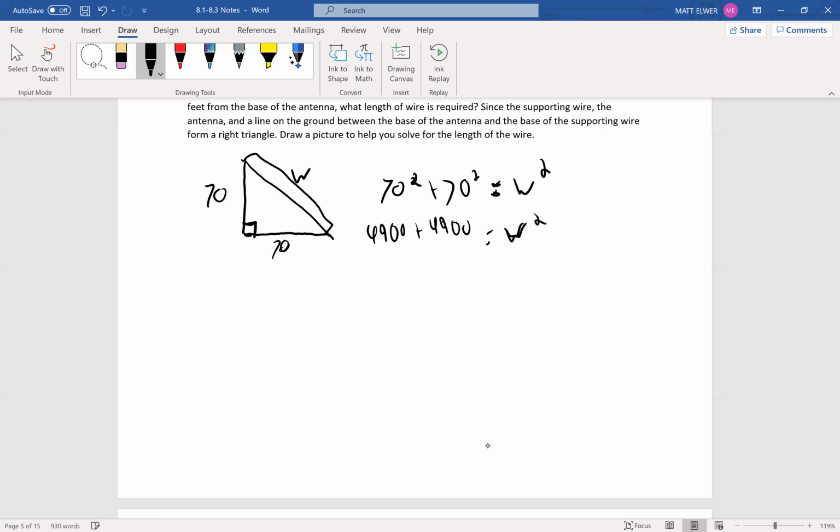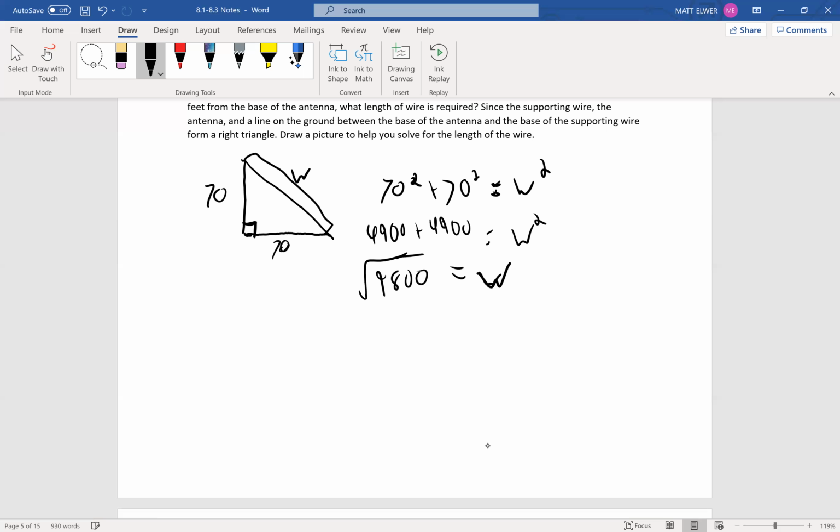If I add those together, notice that that's 9,800. And then we'll square root both sides. So when we add those together and square root both sides, we just get the length of the wire W on this side.